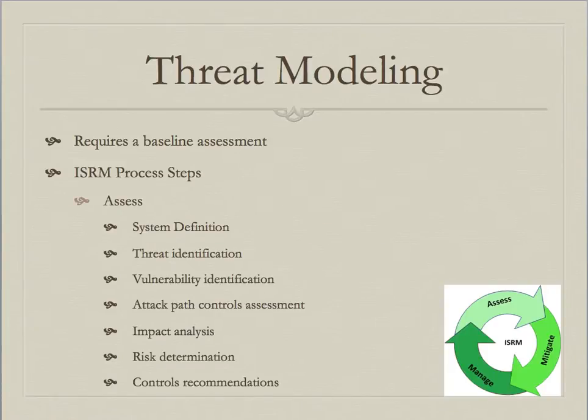Threat modeling requires that you have a baseline, and the baseline is created every time that you do a risk assessment on a single system or network segment. This baseline provides us with a list of existing vulnerabilities, controls, and business impact associated with a specific system or network component being compromised.